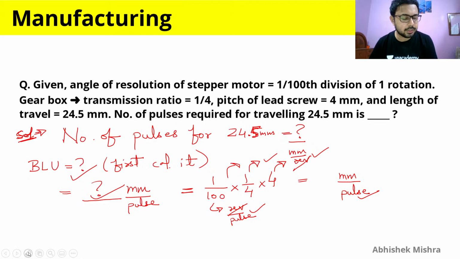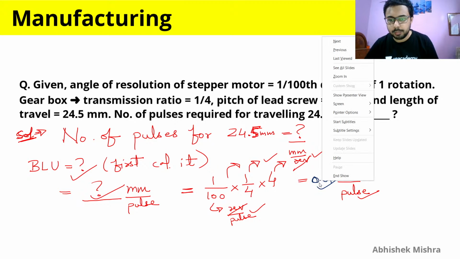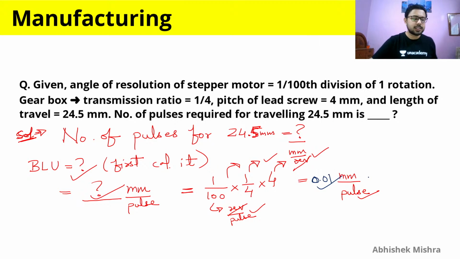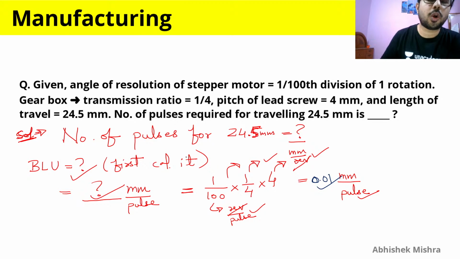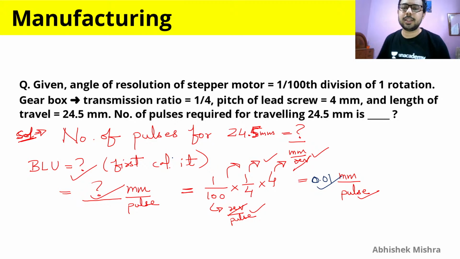So basic length unit here will come out as 1 by 100, that is 0.01 mm per pulse. So this is the basic length unit, meaning for a single pulse, how much length we are getting, and this is the shortest unit, so shortest length.